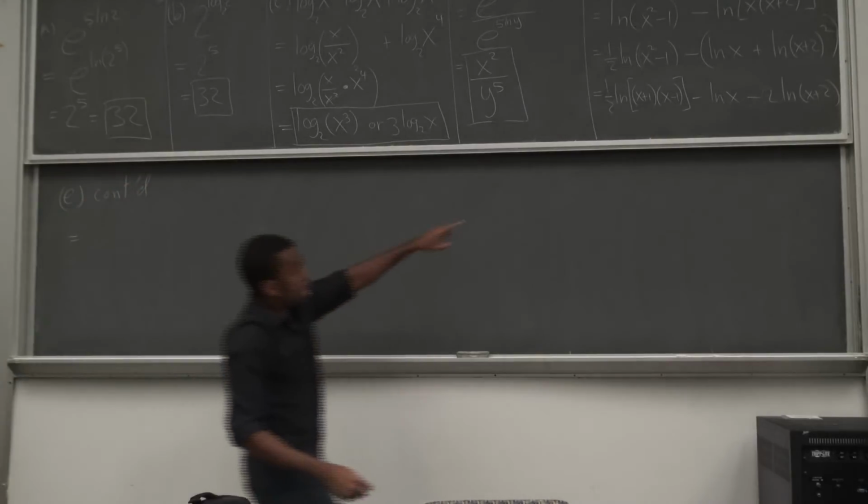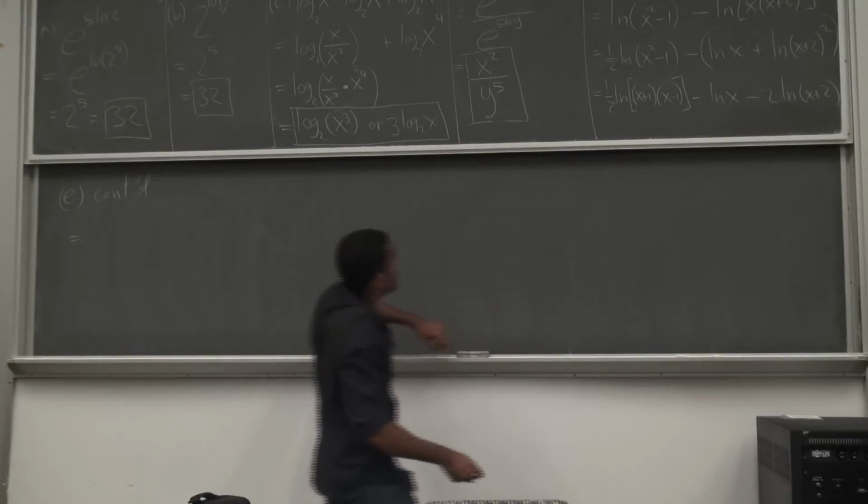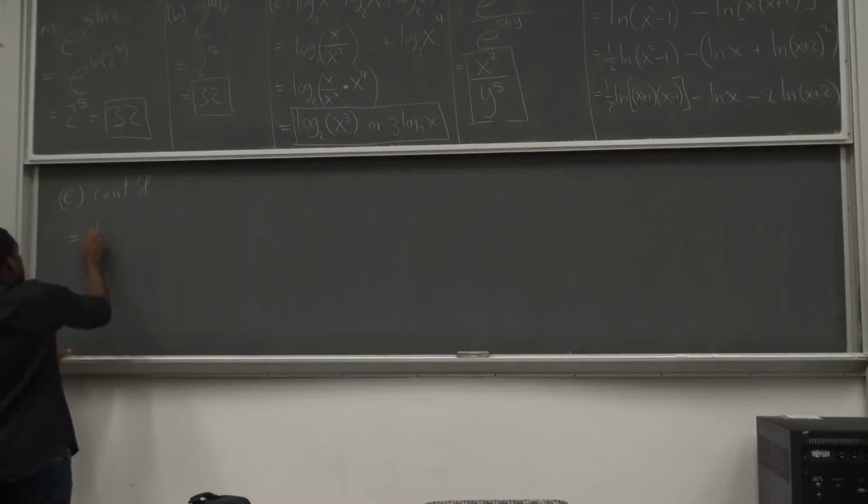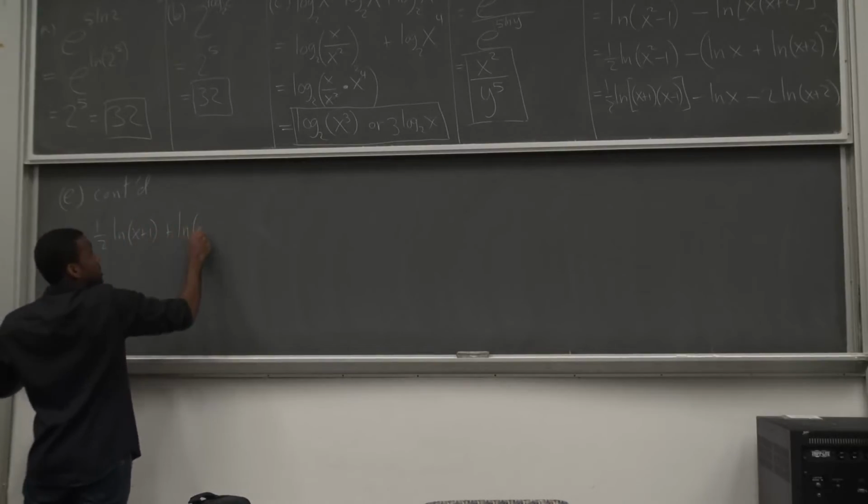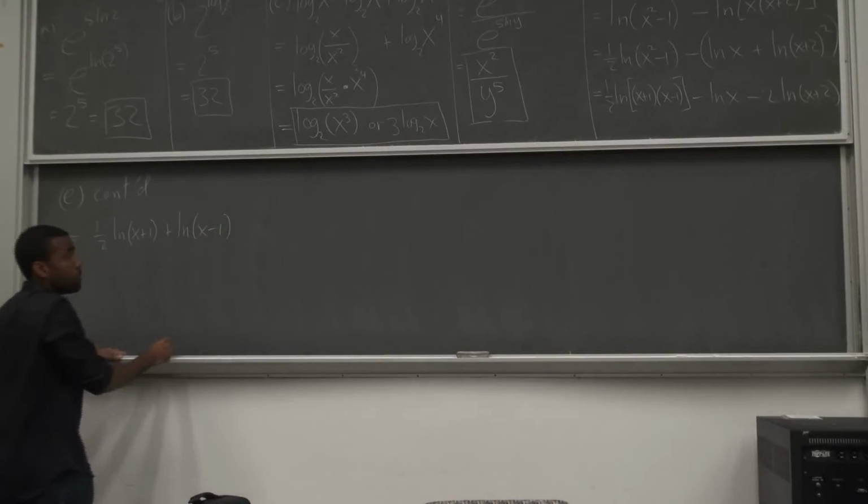So now that I know that, what can I do with this? Half ln of x plus 1 plus ln of x minus 1. Is that fine?